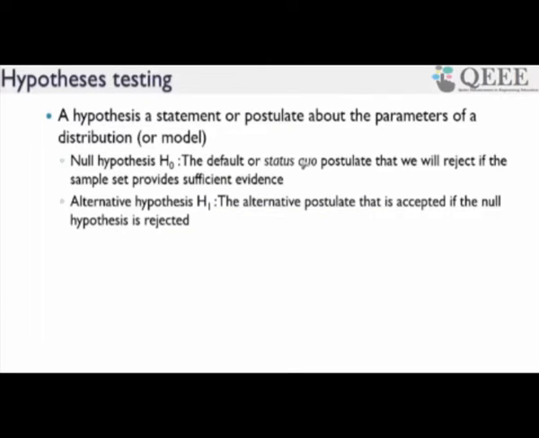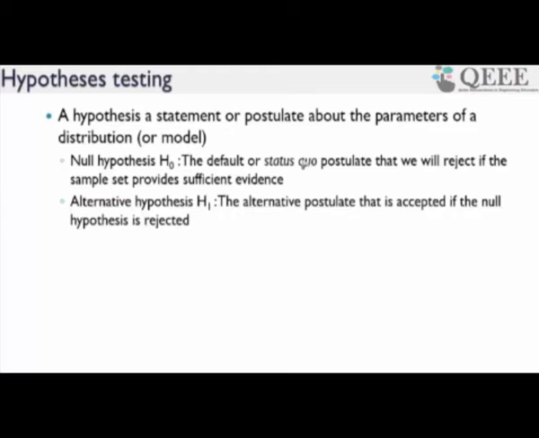Hypothesis testing is a test that you do to make some judgments about parameters of a distribution, right? So for example, whenever you do hypothesis testing, there is something called a null hypothesis, which people call H0, and there is something called an alternate hypothesis, which is H1.